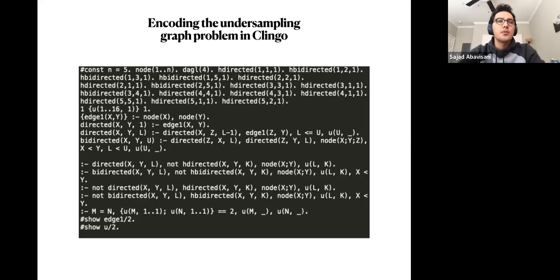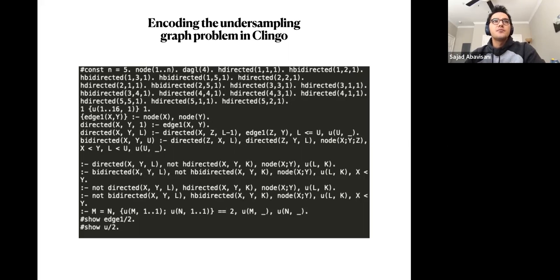Okay. Anyway, the one that says edge X and Y in curly brackets is saying that it's possible to have an edge between any 2 nodes. Here we're producing all the possibilities. And after that, in the last lines, we're reducing them. We'll get there.